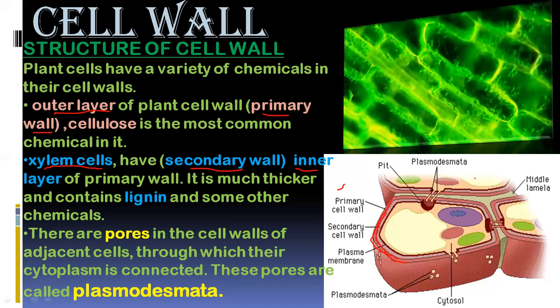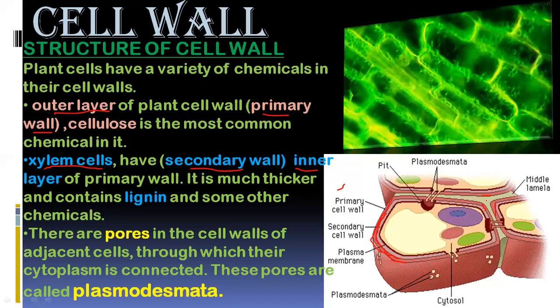Okay, between these two walls, like this primary cell wall, this pink one, and this pink one, and this pink one, these are three cells of the plant, any part of the plant, three cells, so they have to stick together. For that, there is another hard cementing layer that is called the middle lamella.